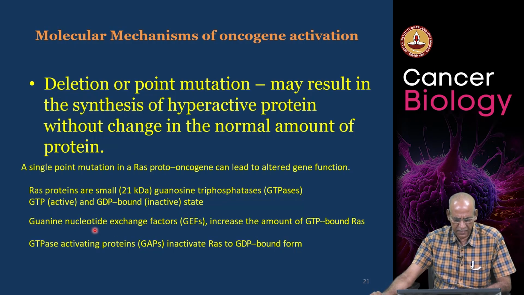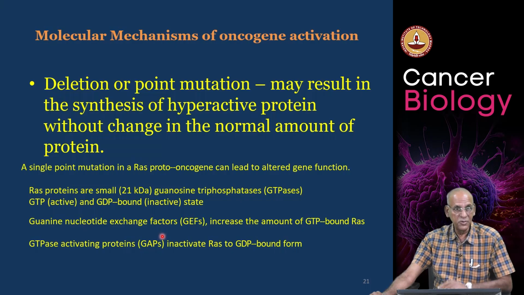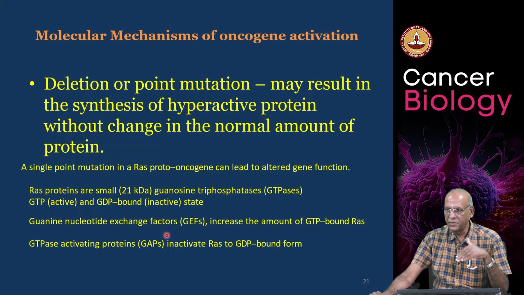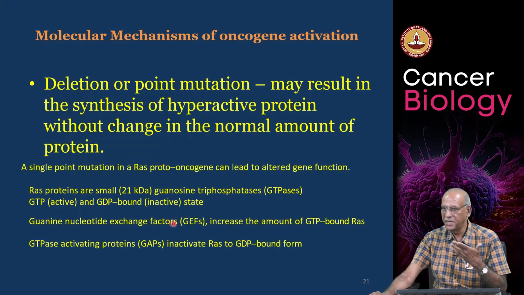So, the guanine nucleotide exchange factors increase the amount of GTP-bound RAS, that means they activate it, and GTPase activating proteins, once you increase the GTPase activity, you are actually inactivating, because by that action you are converting GTP into GDP and GDP is inactive.